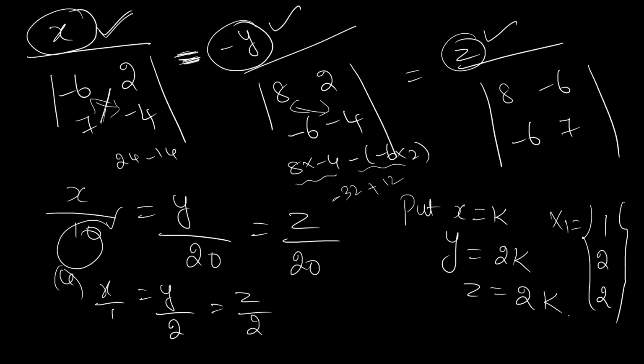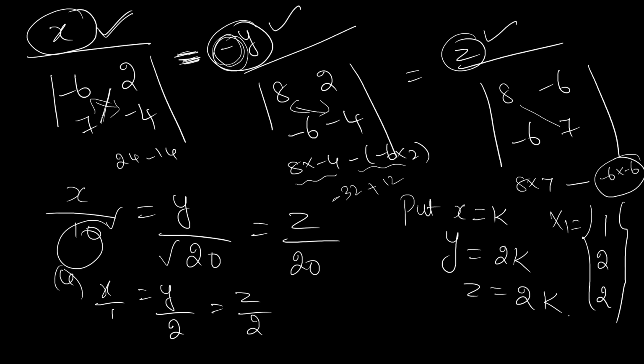So we get minus 32 plus 12, and we've got a negative sign in the numerator here. So this is the denominator, it is minus 20, because of this negative sign it became plus 20. And the third one, 7 into 8, minus 6 into minus 6. So it is plus 36.